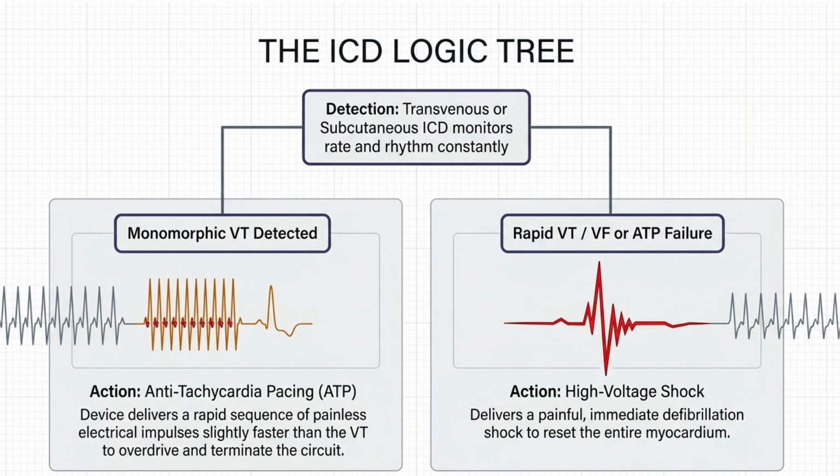If we detect a VT, we take action and deliver anti-tachycardia pacing, ATP. That's a device that delivers a rapid sequence of painless electrical impulses slightly faster than the VT to overdrive and terminate the circuit.